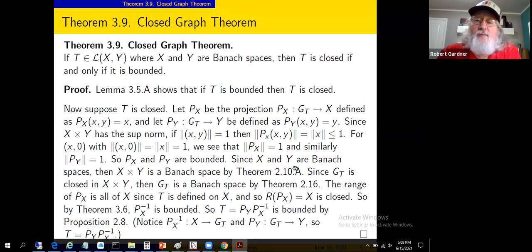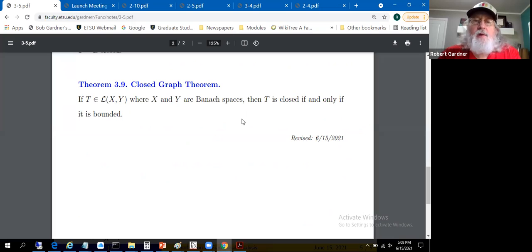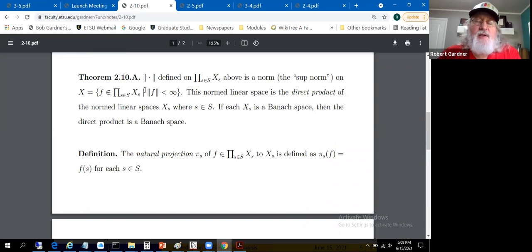If X and Y are Banach spaces, hypotheses, then the Cartesian product of X and Y is a Banach space. Cartesian product of Banach spaces is a Banach space: Theorem 2.10.a, like I said. In the likely event you don't remember all of this stuff, let's jump back and look at some of these things.